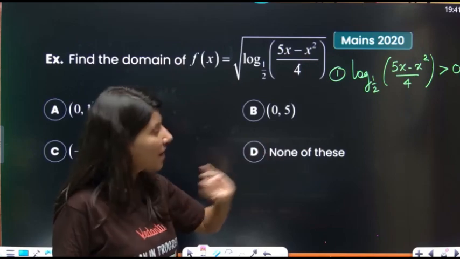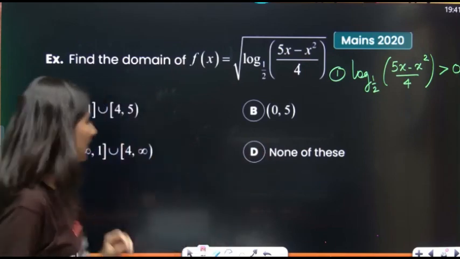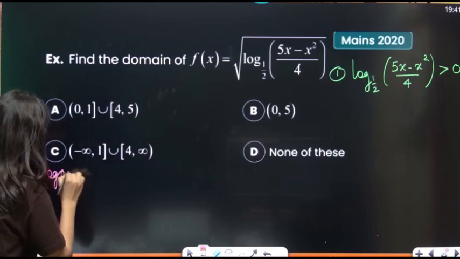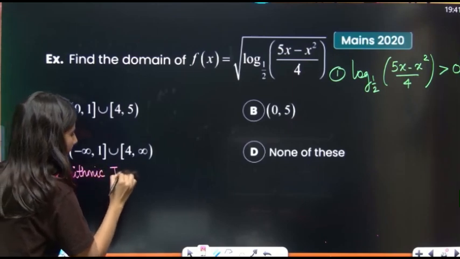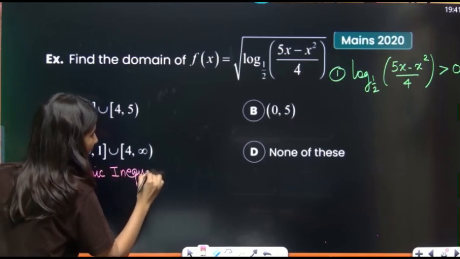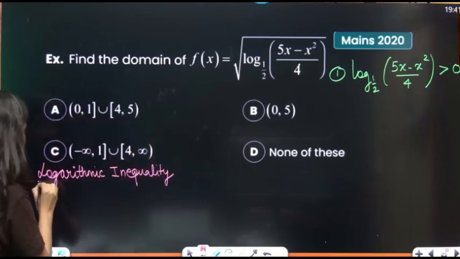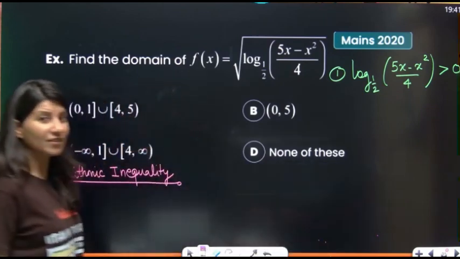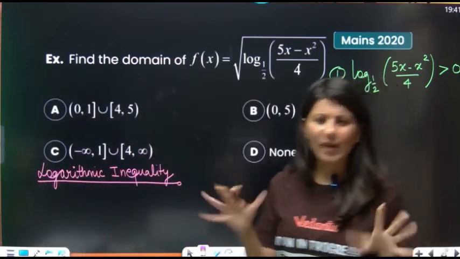So first step, how many of you have done this first step? Now let me tell you something about logarithmic inequality. Acha, we ask this type of question in our interview. Whatever faculty we hire, I take a lot of interviews, and I always ask very basic things, no JEE Advanced thing.